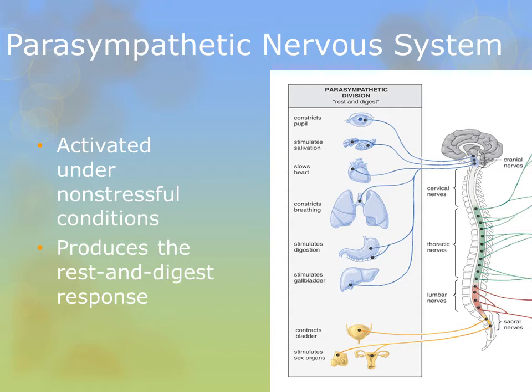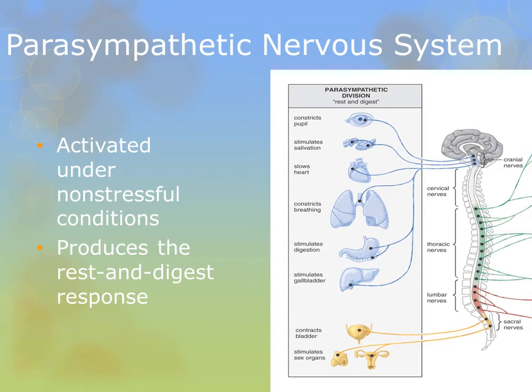Drugs that mimic or act like the parasympathetic nervous system are the parasympathomimetics. Long word. Simply means that they mimic the PSNS. Another set of drugs would be adrenergic blockers, meaning they block the adrenergic drugs or system, which is the sympathetic nervous system.